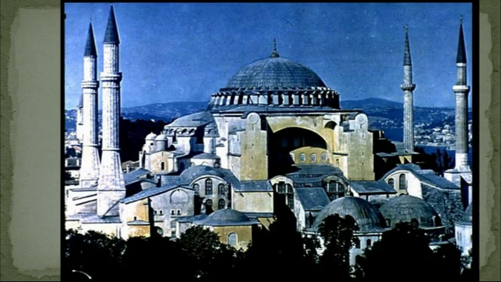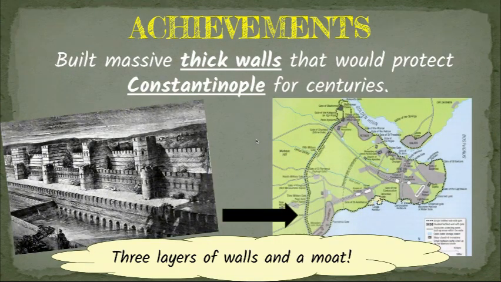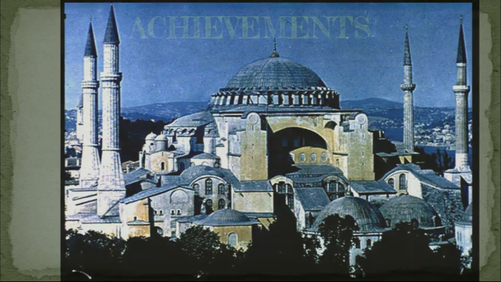You can see all the different domes and arches in this picture of the Hagia Sophia. But this was an impressive building that when people showed up to Constantinople, they were so impressed at the sheer size of this, they knew that this must be a wealthy and powerful city.